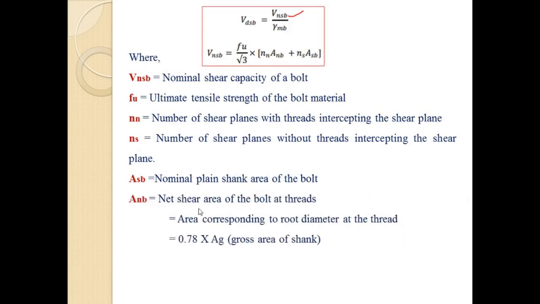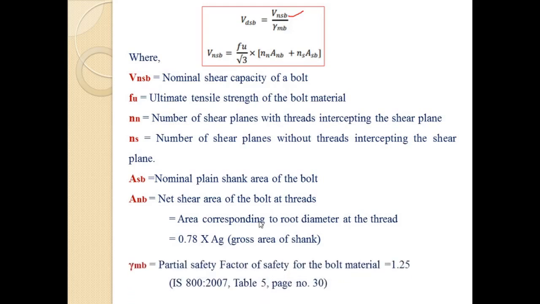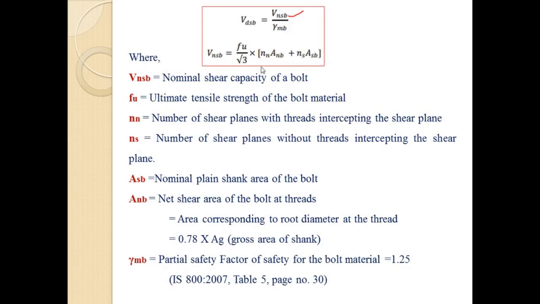ANB means the net shear area of bolt at threads, calculated as 0.78 into AG. AG is the gross area of shank or bolt diameter. Lastly, gamma MB means the partial safety factor for bolt material, and we take it as 1.25. It is given on page number 30 of IS 800:2007, Table number 5.